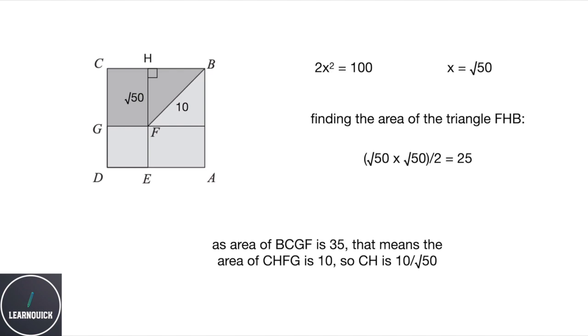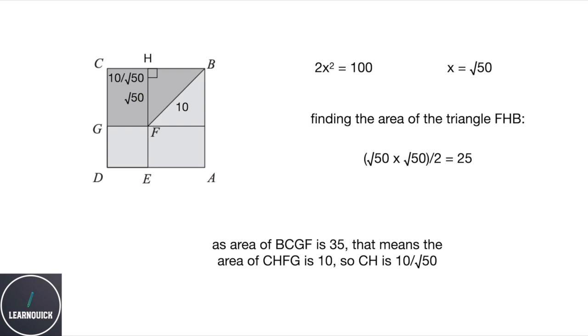So CH is 10 divided by the square root of 50. Because for CHFG to be 10, something times the square root of 50 has to be equal to 10, and that's 10 over square root of 50. So we can also label that in.